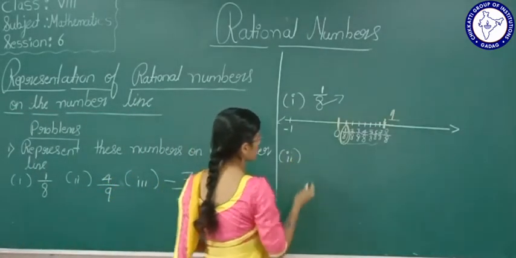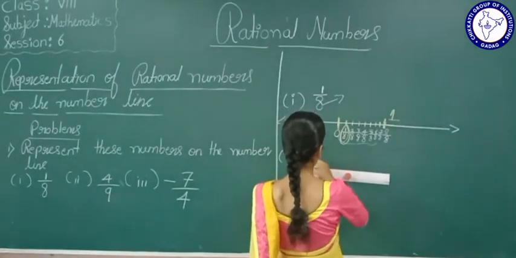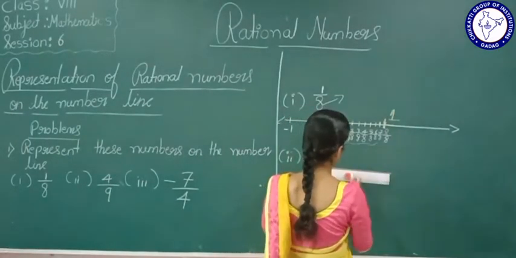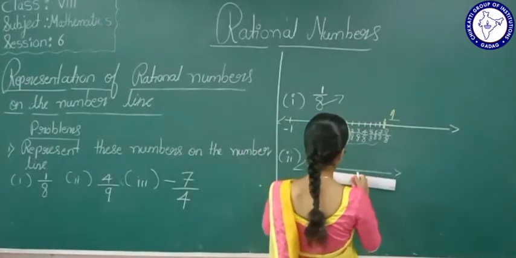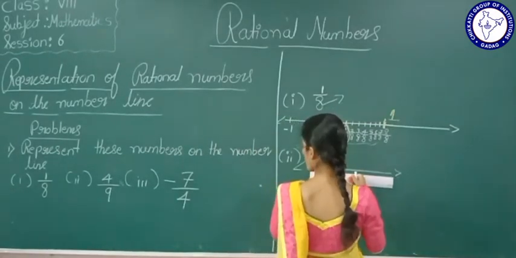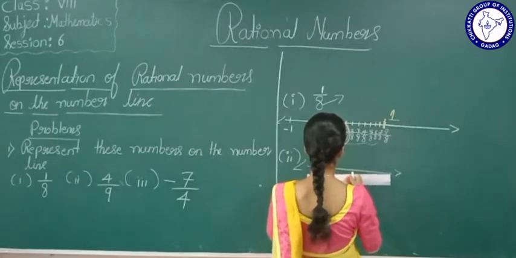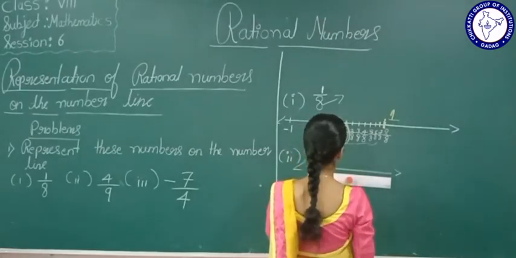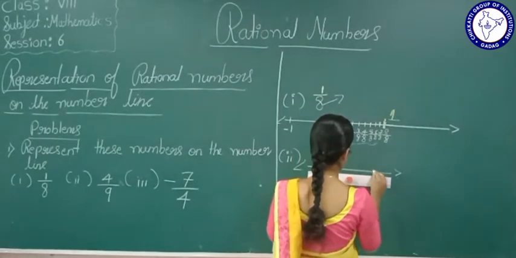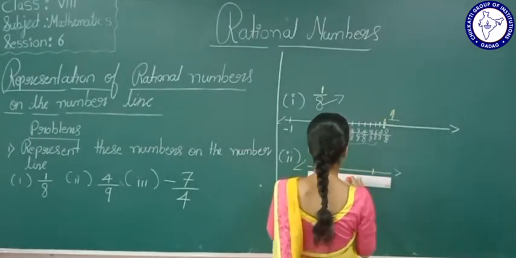Second one is 4 by 9. Now where does 4 by 9 lie, students? Tell me.